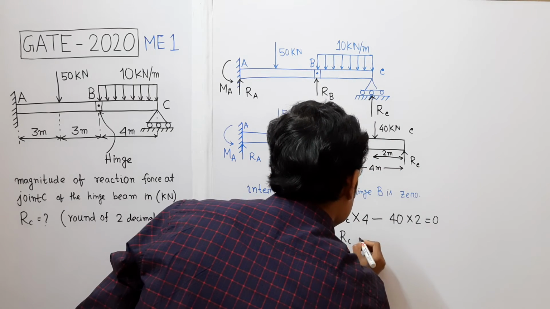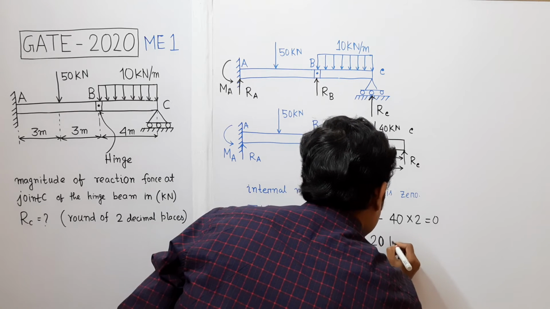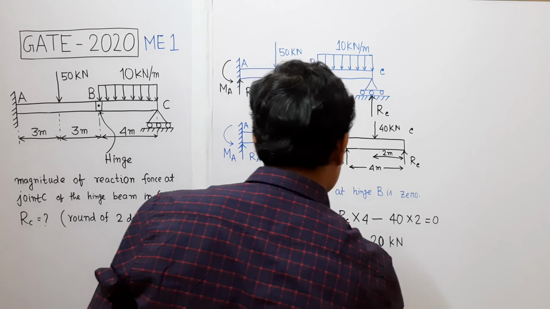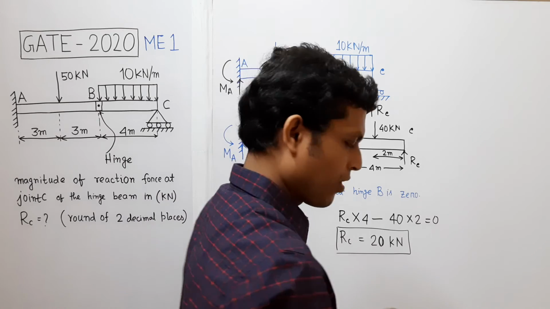So RC becomes 80 by 4, that is 20 kilonewton. And this is the answer. We have solved the problem. The answer is 20 kilonewton.